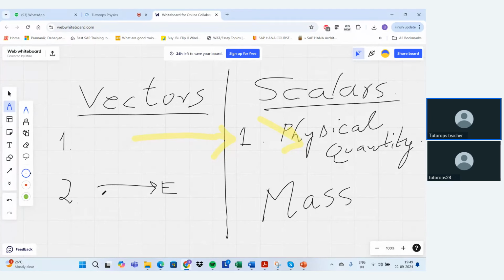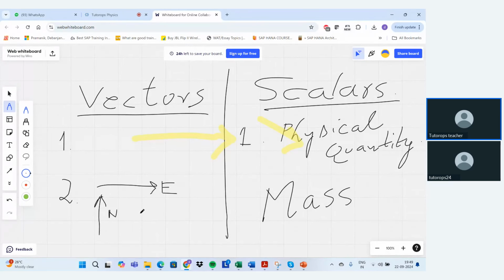So this is towards east. Now coming to the north, for example, a particular object which has a velocity. This is towards north, so velocity is basically a vector. Why?